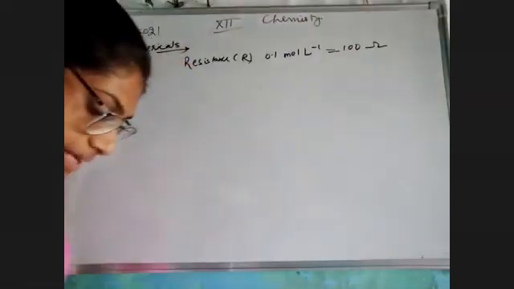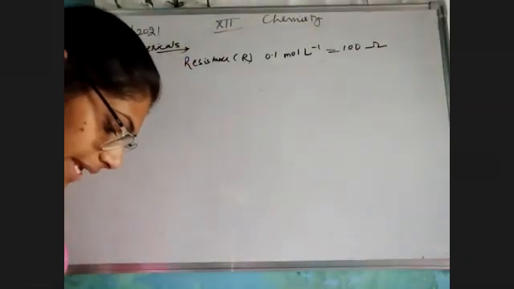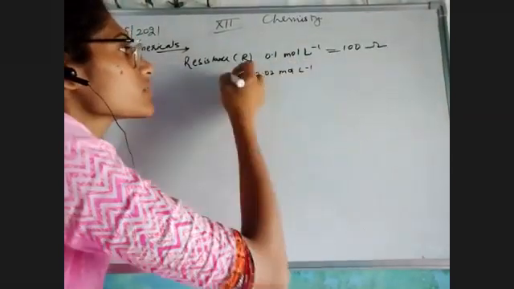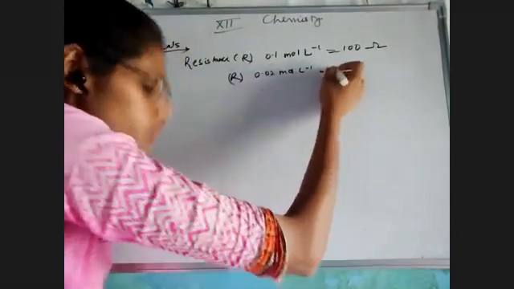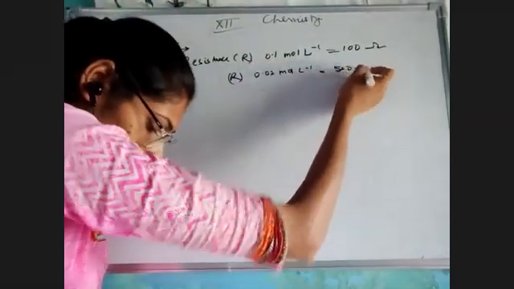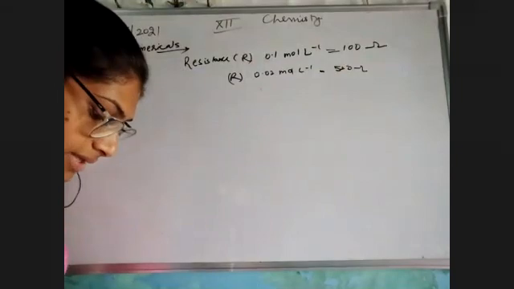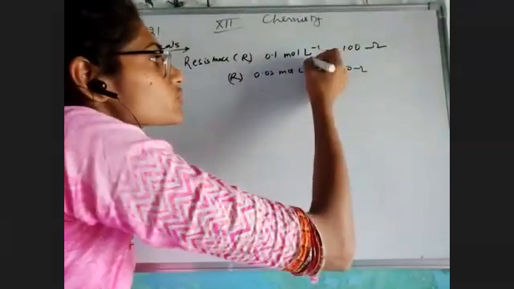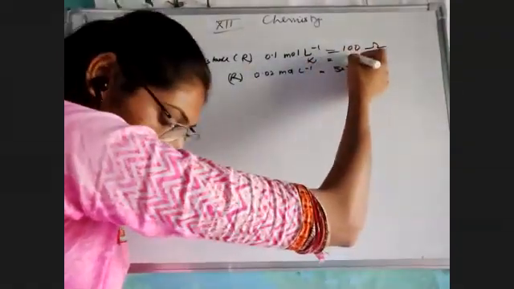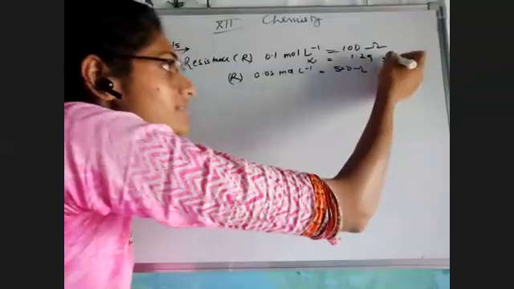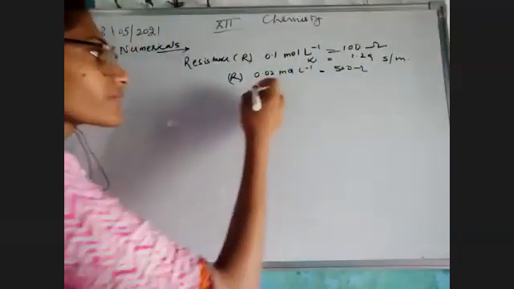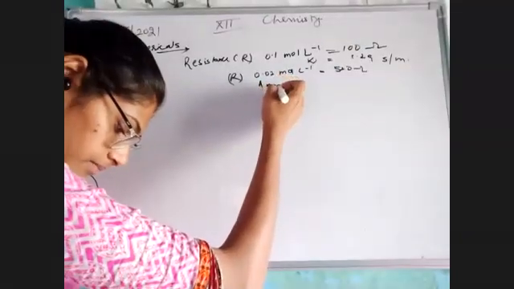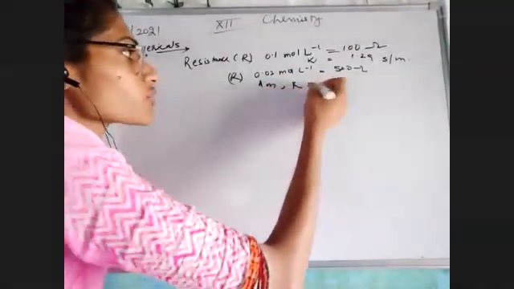Next, the resistance of the same cell filled with 0.02 mole per liter solution is given to be 520 ohm. And the conductivity of 0.1 molar KCl solution, that is kappa, is given to be 1.29 Siemens per meter. We have to calculate the molar conductivity and the kappa for 0.02.